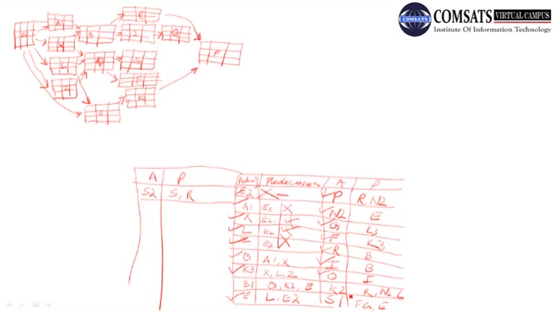Okay, now K2 is dependent on N2, R, and L. So let's have a box over there, and this activity is named K2, and that is dependent on R, on N2, and also on L. K2 has been drawn.